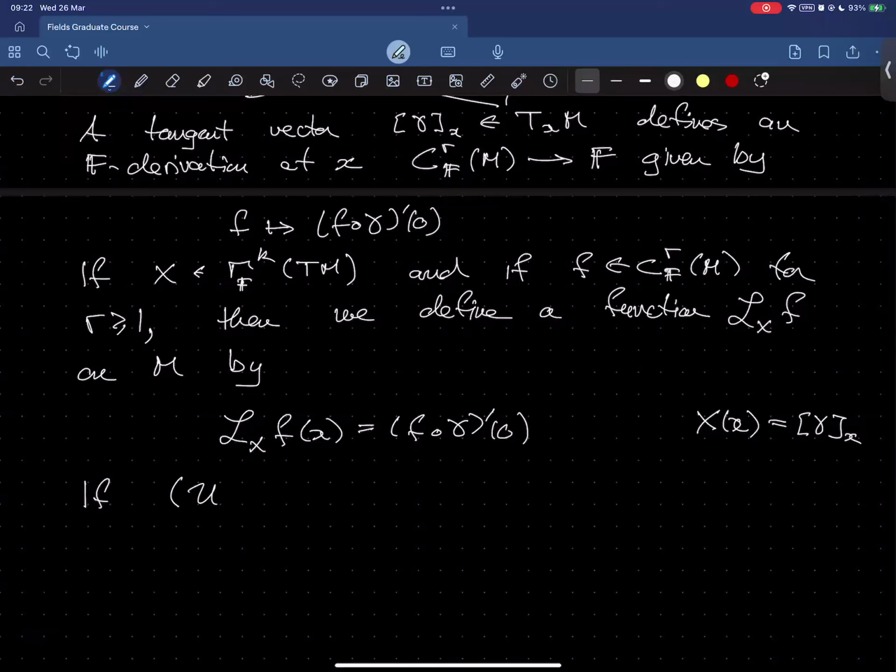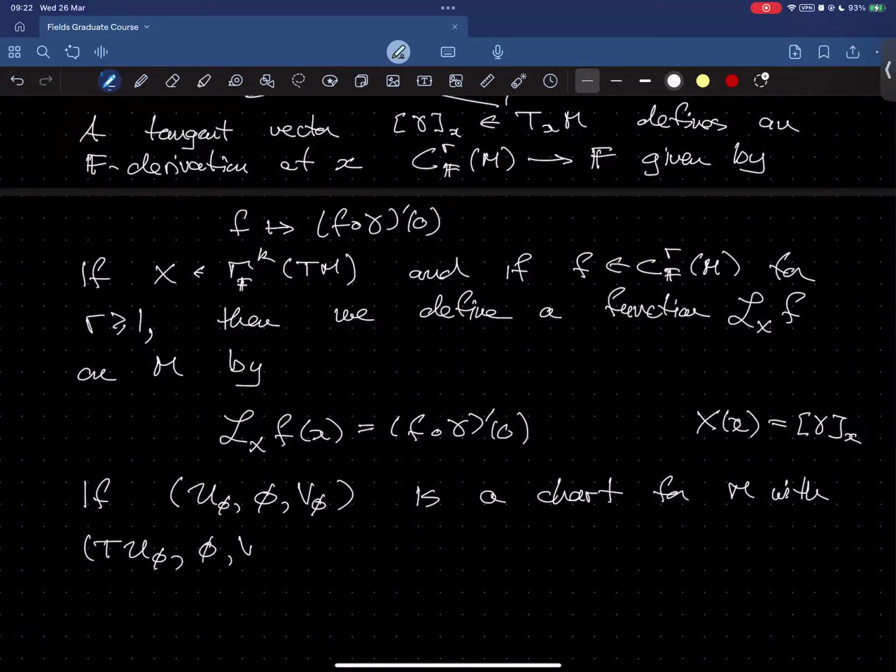So if we take a chart (U_phi, phi, V_phi) for M, there will necessarily then be an associated vector bundle chart for TM. Okay, so this is the natural chart for TM.